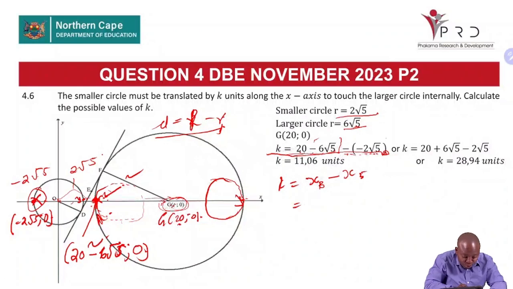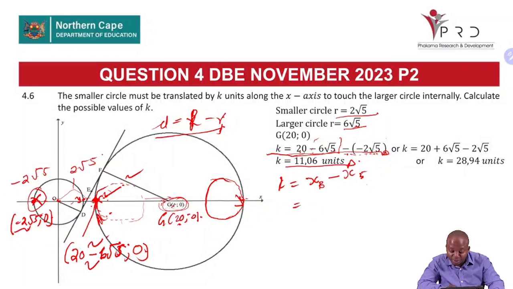And remember, this one was from 0, so it's just negative that. Then that is the first k unit, which we must add in order for it to be translated to get to that point. It's 11,06 units.